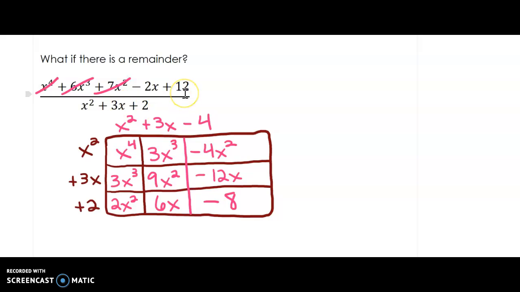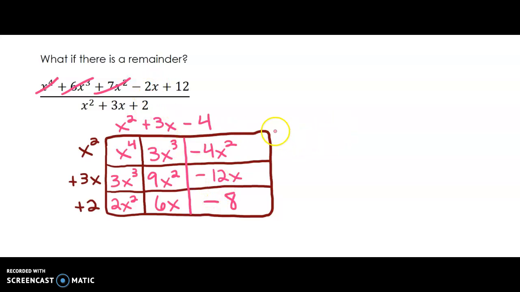I went ahead and already completed a lot of the area model for this problem, but what I notice is once I get to the point where my factor is at the constant, I have a -4 here. I notice that where I'm supposed to have -2x, I don't have -2x. -12x and plus 6x, I'm at -6x.